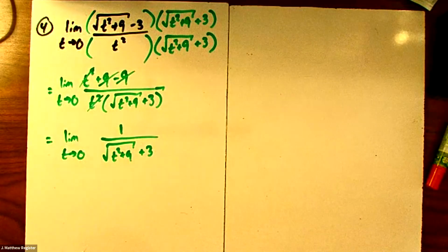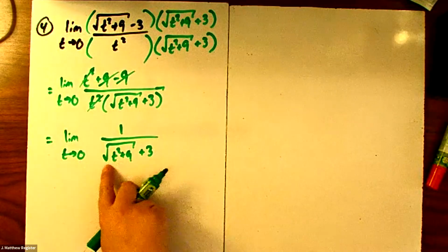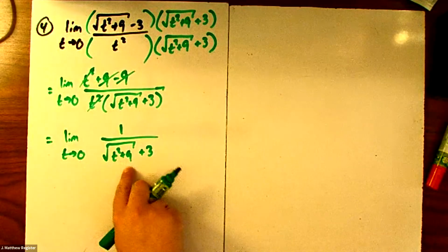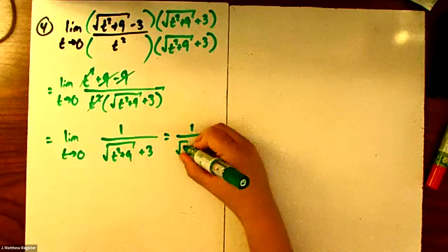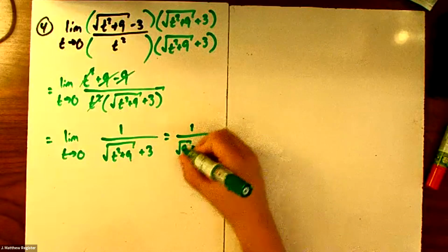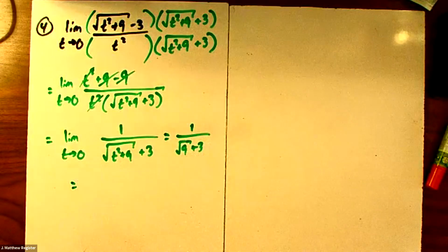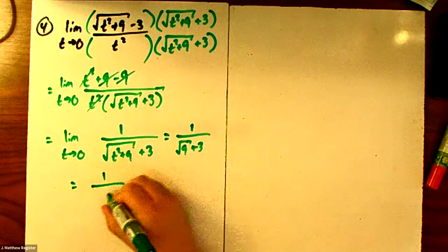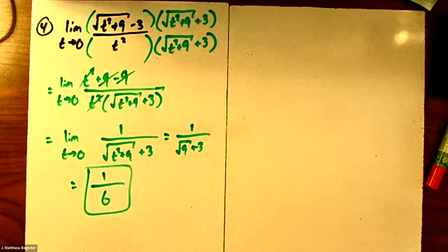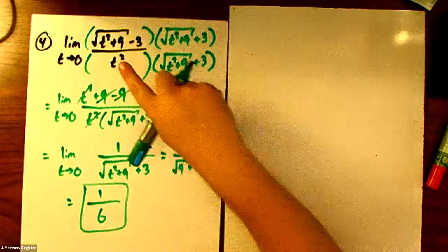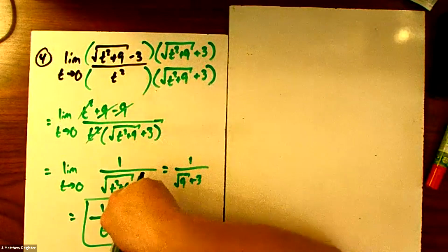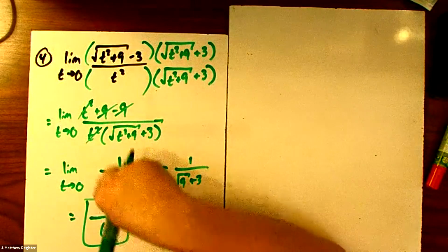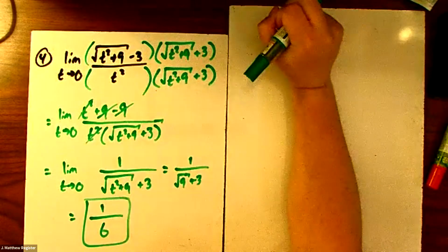And if we plug 0 into this now, we're going to get the square root of 9 plus 3. The square root of 9 is 3. 3 plus 3. Now we get 1/6 out of this. And looking at this starting function, you might not have recognized that as you're approaching 0, you're going to get 1/6. But it does. And that's kind of a neat behavior.